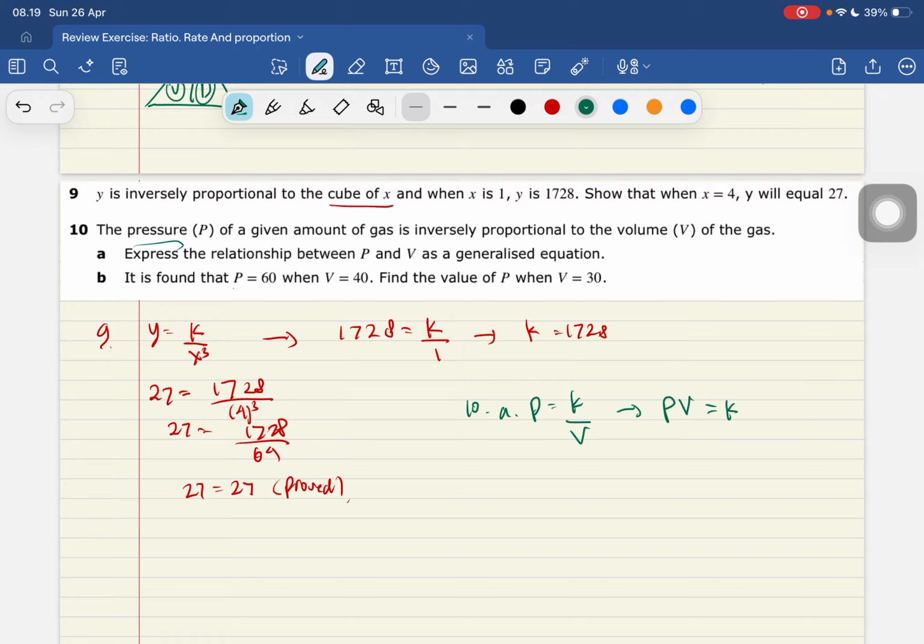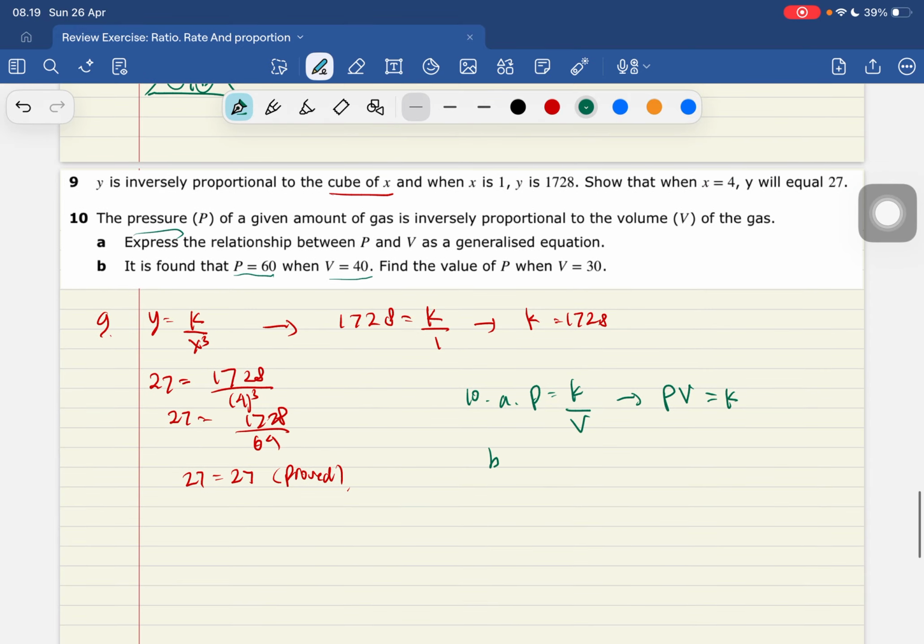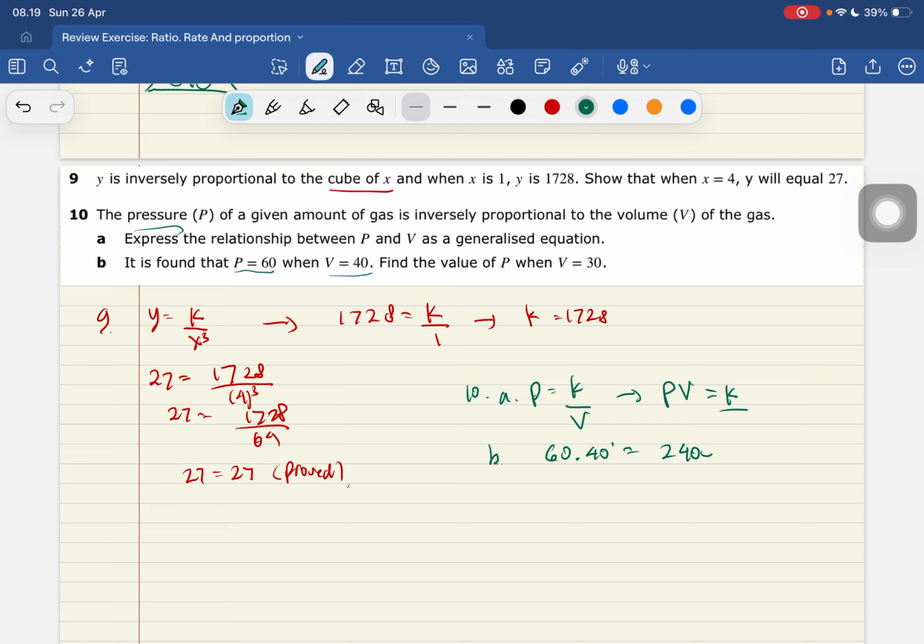It is found that P is 60 when the volume is 40. So 60 multiplied by 40. So the constant is 2400.